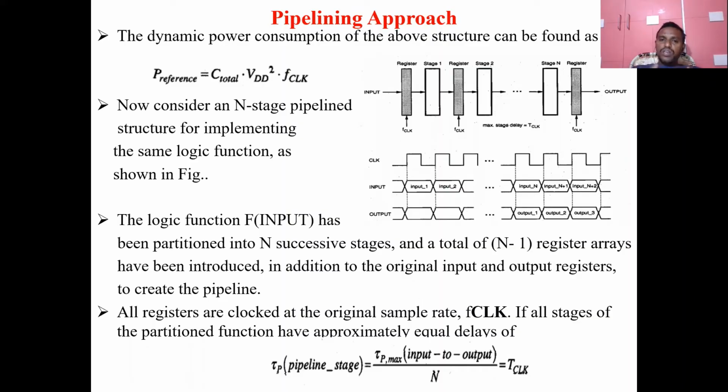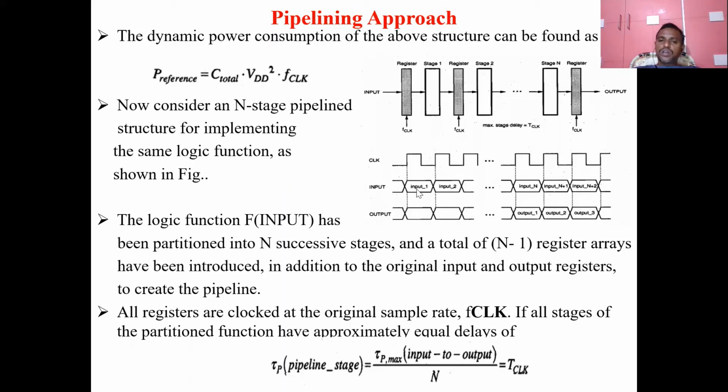For the given input value, if you connect all these n stages of logic functions, you will get the first output of input one after n clock cycles. In the diagram it is clearly indicated like this.